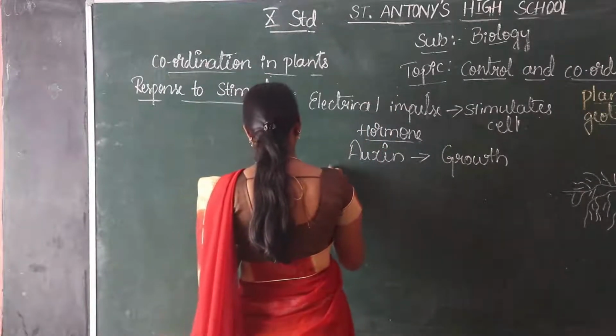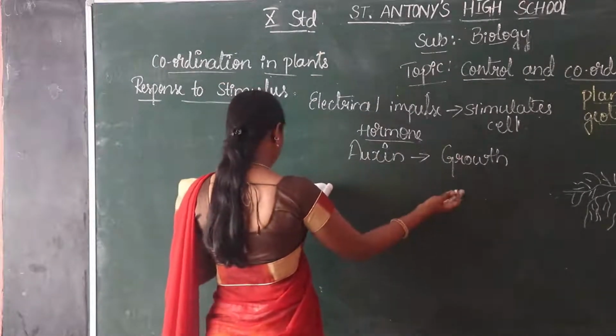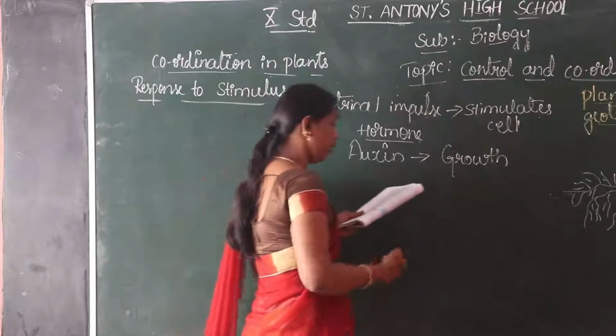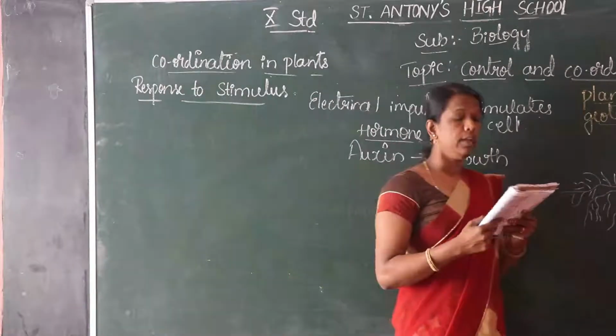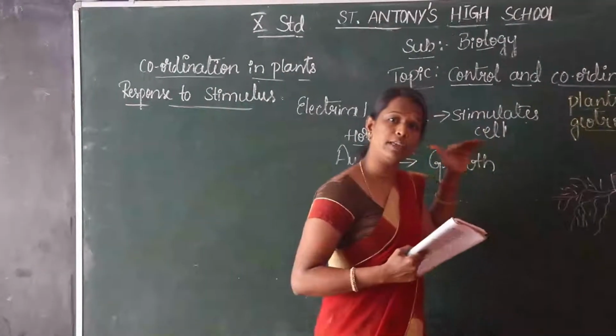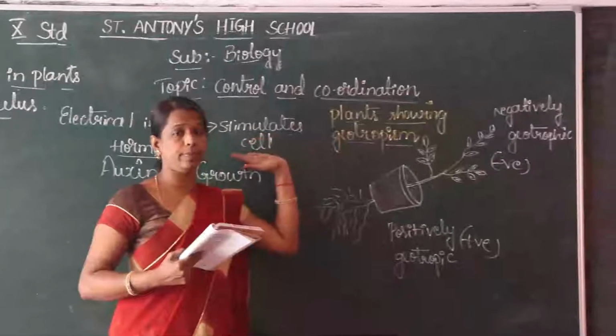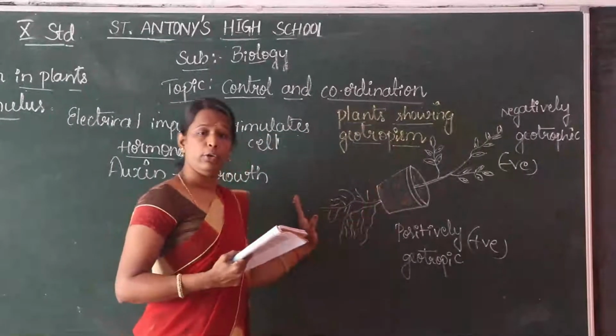And next, I will take the next hormone. Auxin stimulates the cells to grow longer on the root side and also on the shoot side. Shoot means the part above the soil is called the shoot system, and below that is the root system.